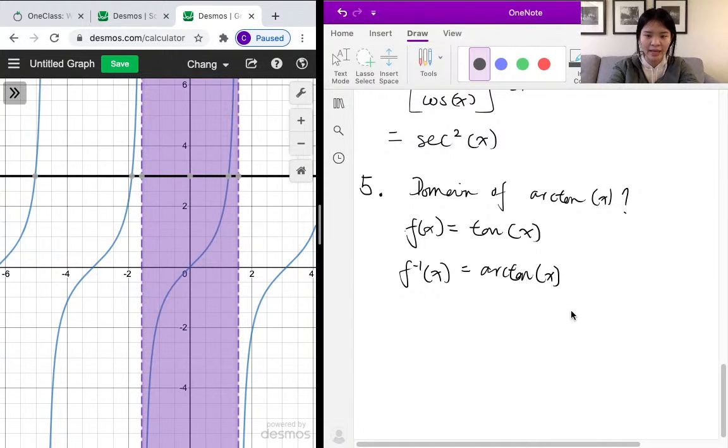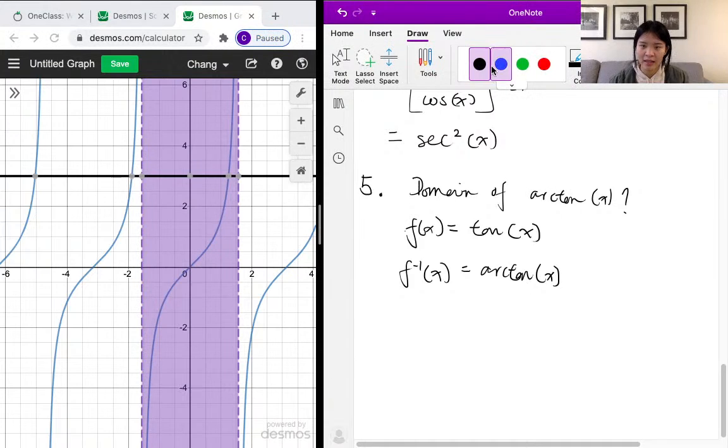Because we restricted the domain of the tangent function, the range of the arctangent function is restricted too, because arctan is the inverse of tan, so you flip the domain and the range.